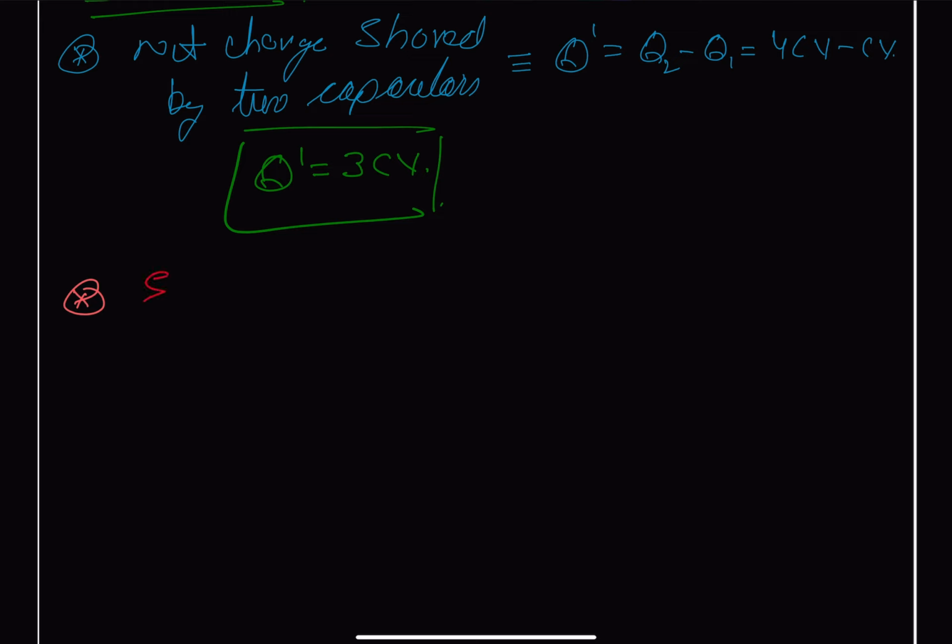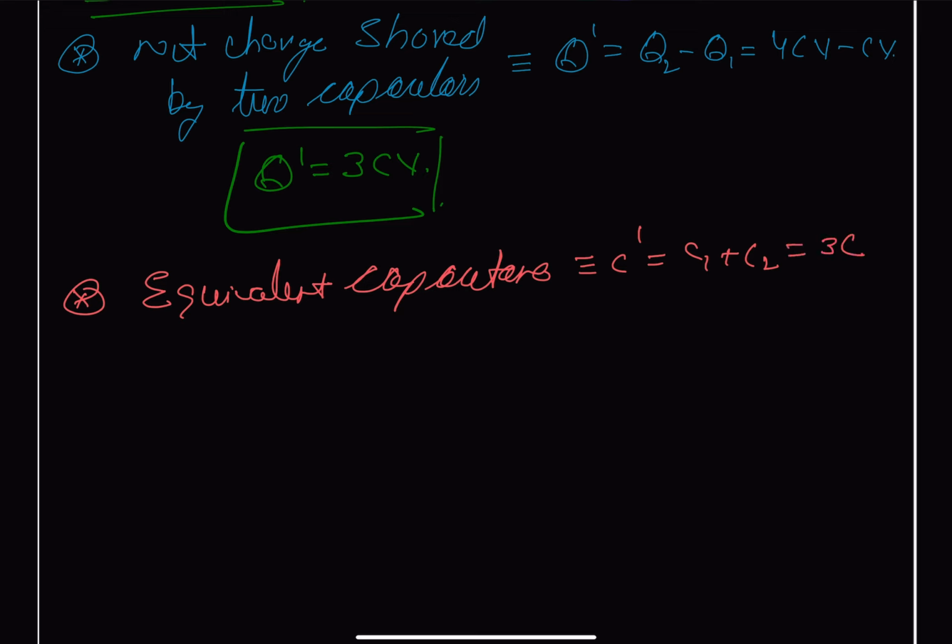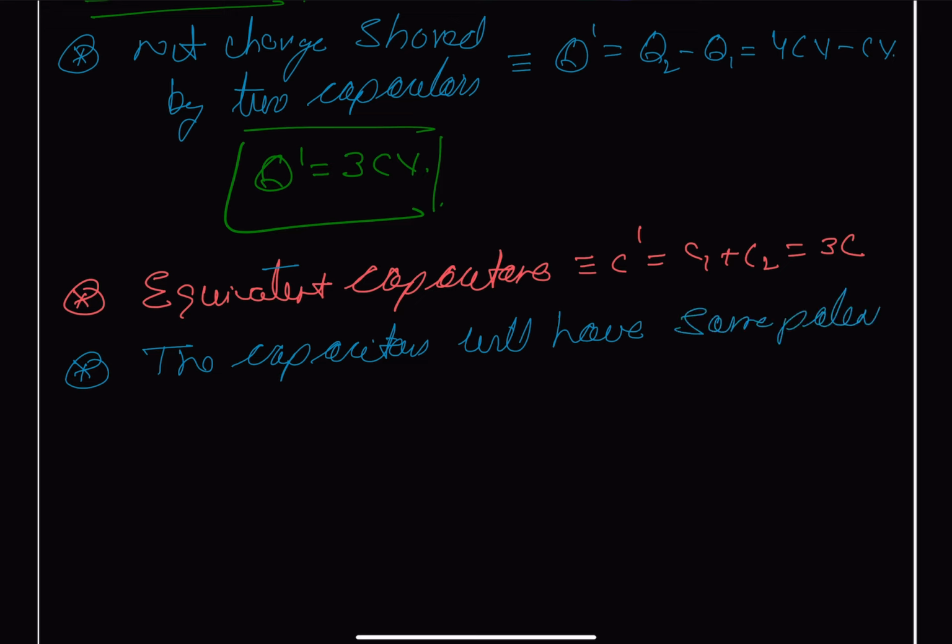The equivalent capacitance C prime will be the same as we just calculated, that is C1 plus C2, which is equal to 3 times C. Now we can find out the potential difference across the capacitors, because they will have the same potential, let us call that V prime.